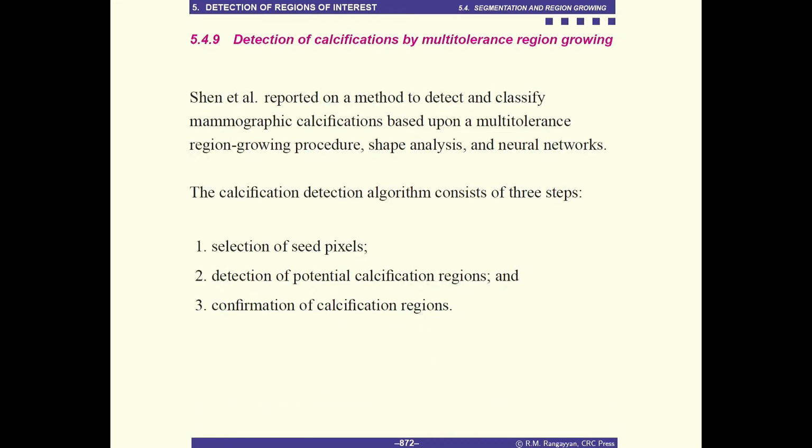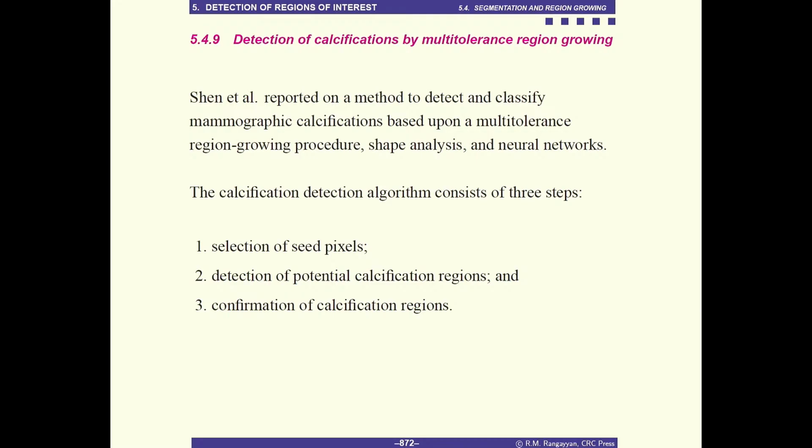And then we extended to detection of calcifications by multi-tolerance region growing. As I mentioned earlier, calcifications, there could be many of them, and we need to analyze the shape characteristics and size characteristics of each one and get a map of how these shape and size vary in a cluster.